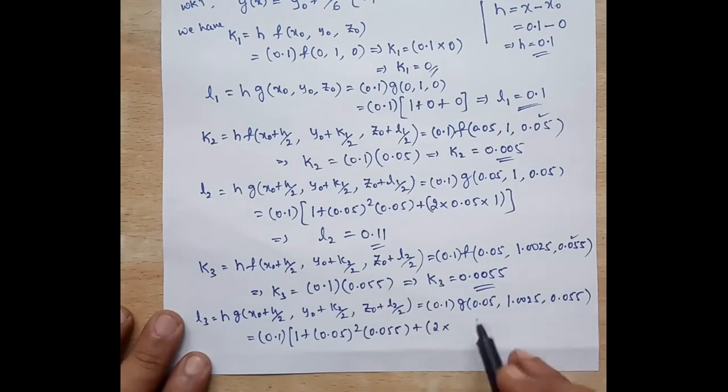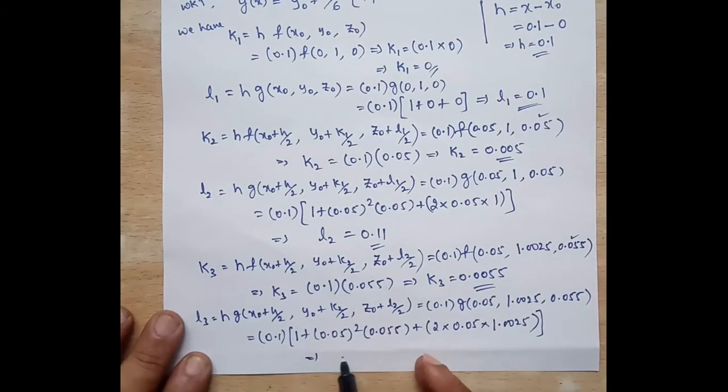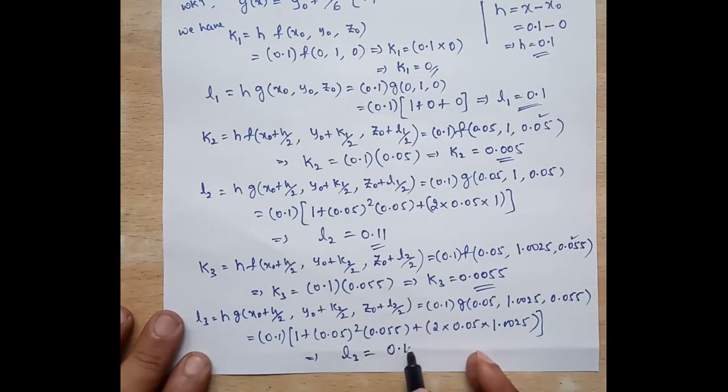What is x? 0.05 into y. Y is 1.0025. So if I simplify this, we get the value of L3. So L3 value for this problem is 0.11004. So I get the value of L3 now.